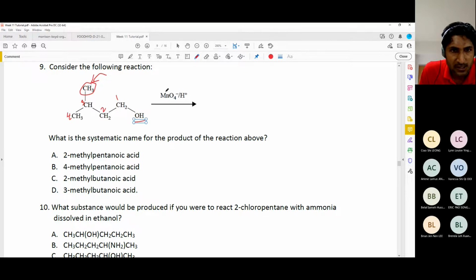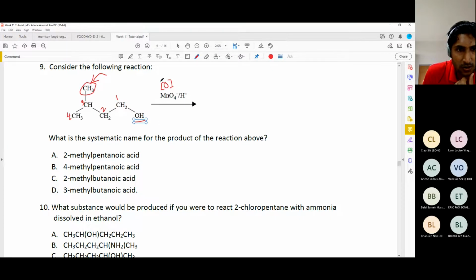If we add potassium permanganate under the catalysis of acid, that means it is a strong oxidizing agent and it is producing a carboxylic acid.